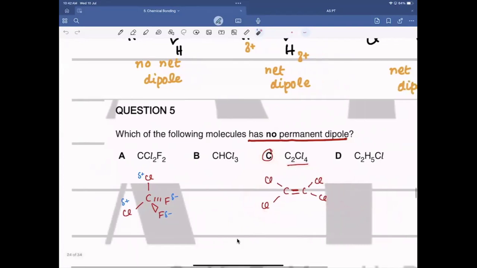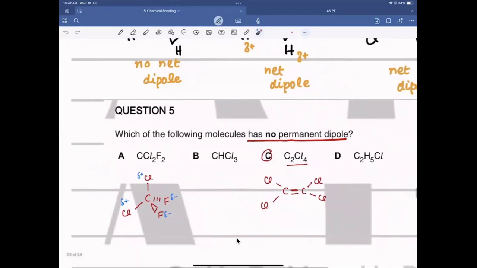So in figuring out dipoles, we don't only use the electronegativity to see the exact cancellation. We also take in the angle and the shape. Besides electronegativity, we have to look at the shape as well.